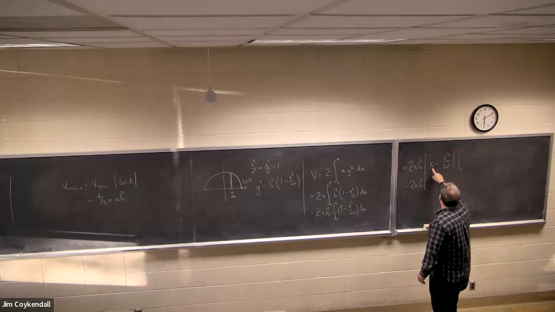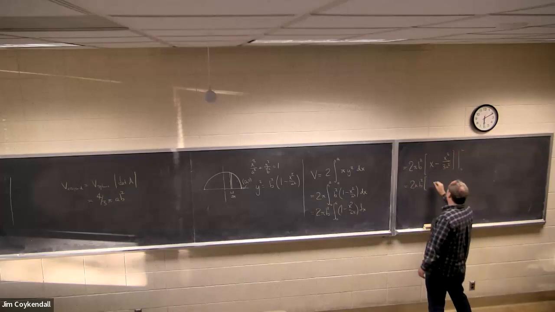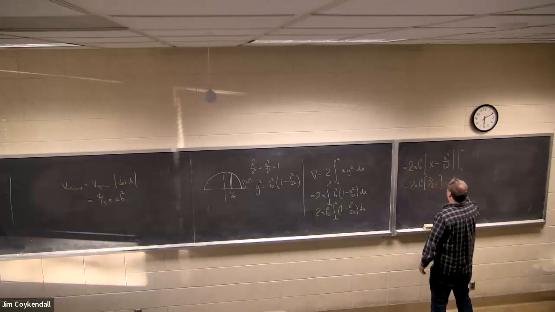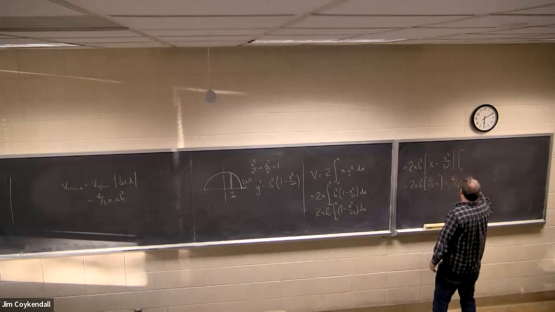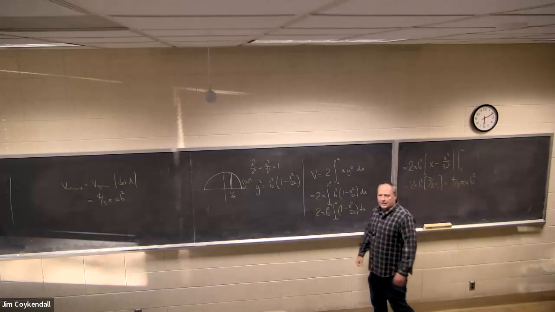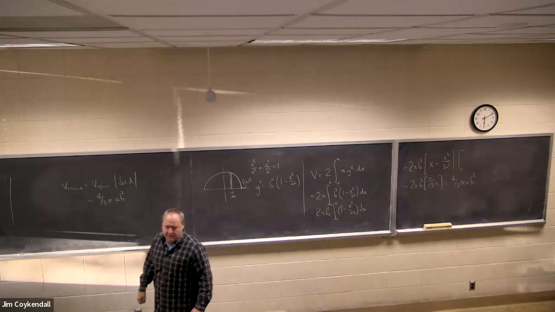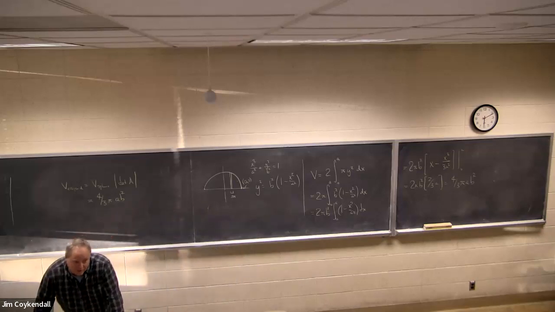And this is a minus 1/3 a, which is 2/3 a. So we get 4/3 pi a b squared. Math always takes care of it.